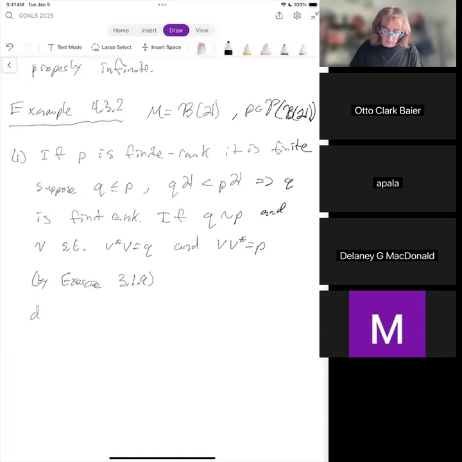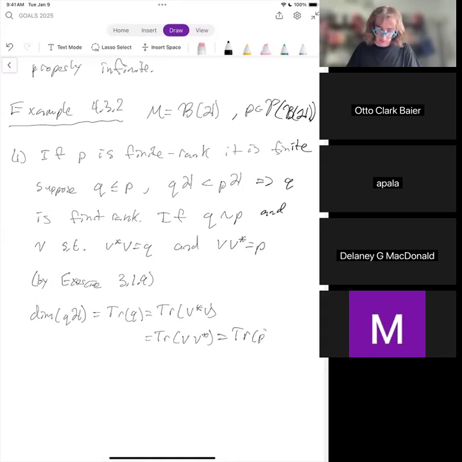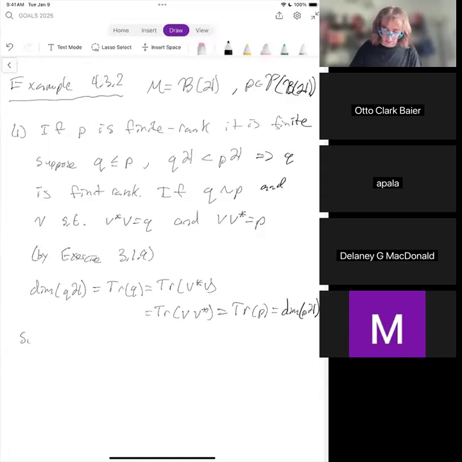We have that the dimension of QH equals the trace of Q. Then you write it as VV*, and use the permutation property inside the trace to get the trace of P, which is the dimension of PH. That implies that QH equals PH and Q equals P.